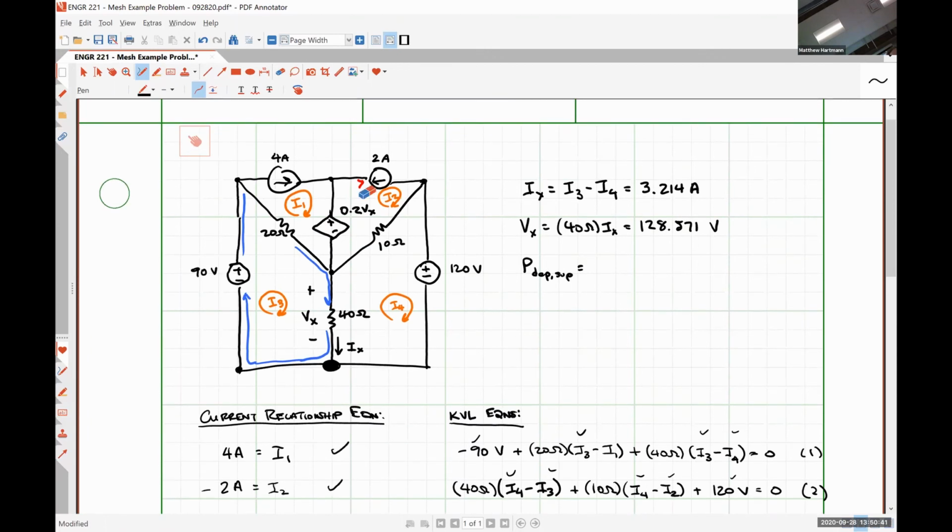Now, what we want is the power supplied by this dependent current source, which means we are looking for this current. Does anybody have any idea how we might determine what that current is?